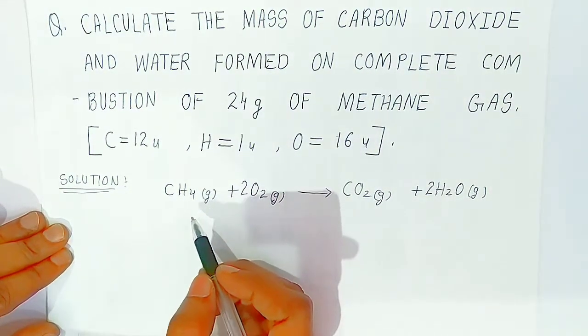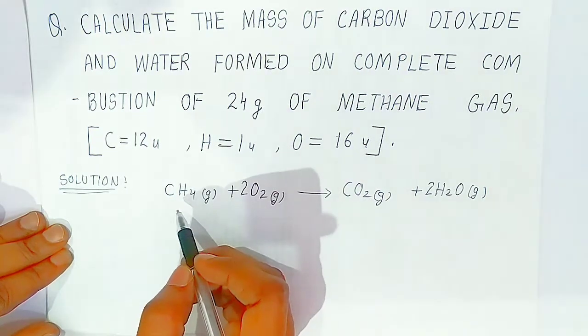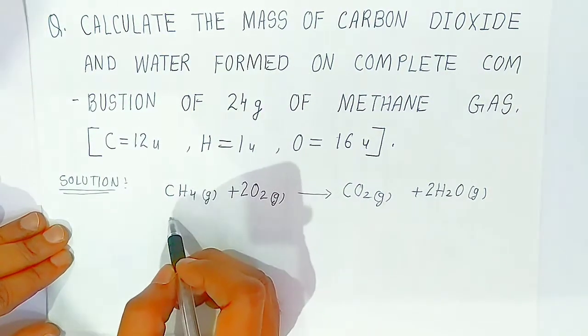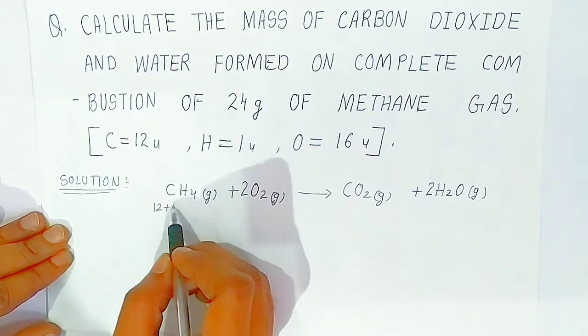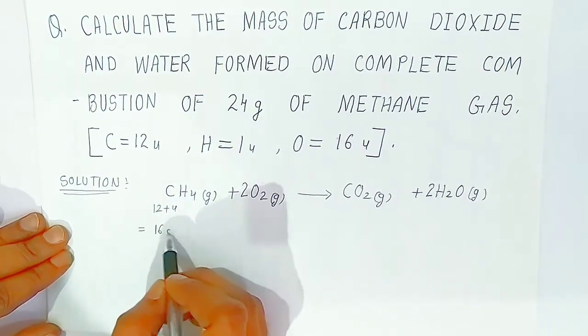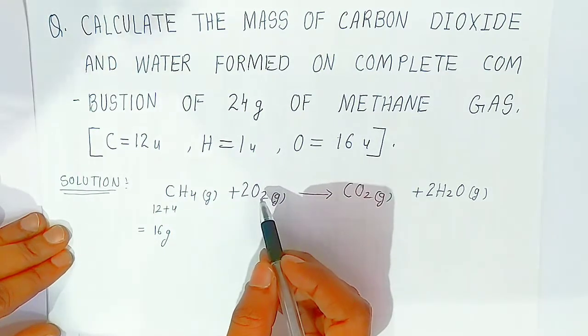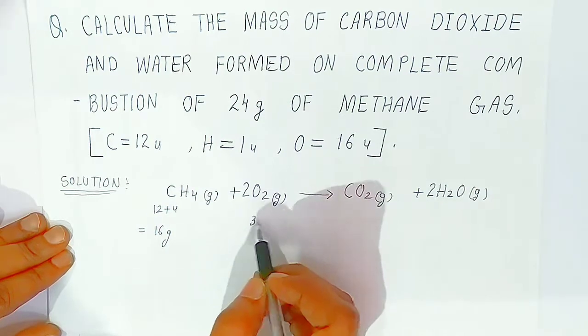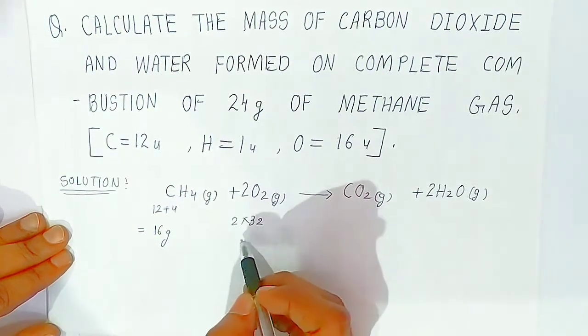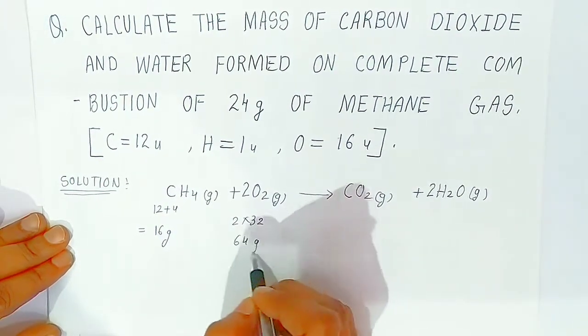molecular mass. Now here, CH4: 12 carbon plus 4 hydrogen, that is 16 gram. Oxygen is 16 twice, that is 32, and 32 multiplied by 2 is 64 gram.